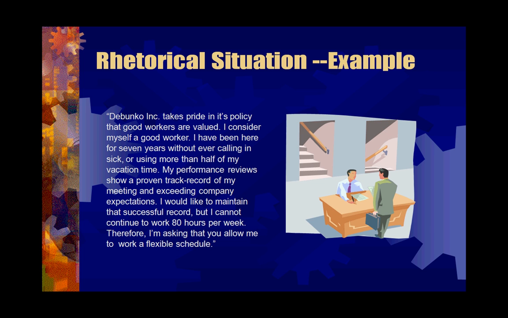Debunco Incorporated takes pride in its policy that good workers are valued. I consider myself a good worker. I've been here for 7 years without ever calling in sick or using more than half of my vacation time. My performance reviews show a proven track record of my meeting and exceeding company expectations. I would like to maintain that successful record, but I cannot continue to work 80 hours per week. Therefore, I'm asking that you allow me to work a flexible schedule.